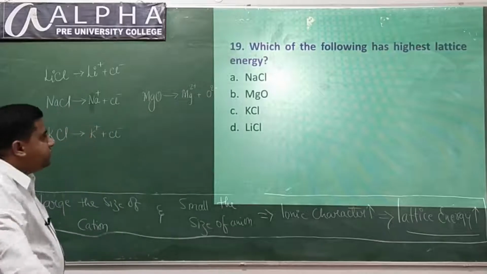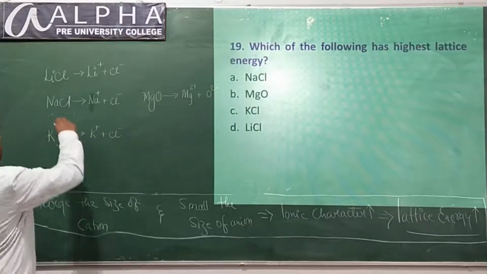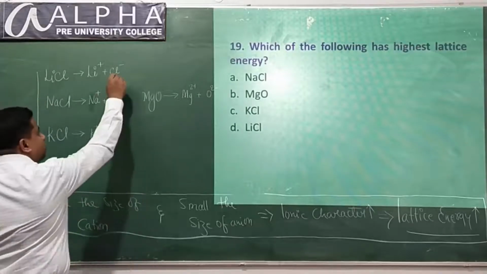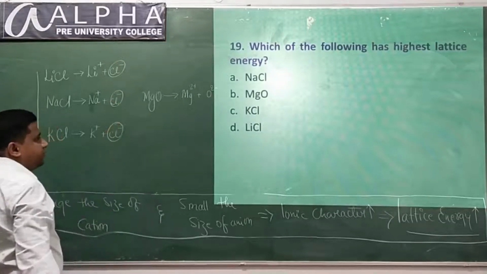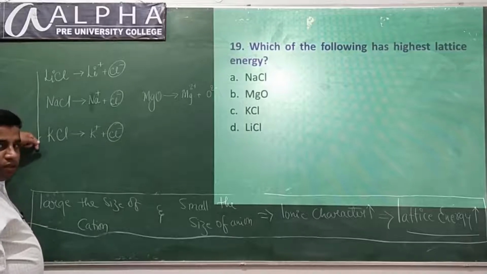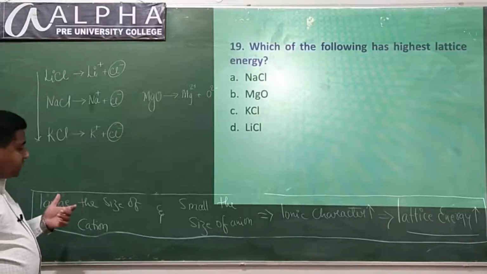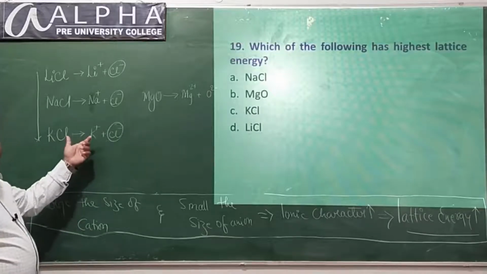Yes, students, we know that down the group, ionic size increases. Here the anion is the same, chloride, chloride and chloride. As we go down the group, ionic size increases, that means potassium ion is bigger.